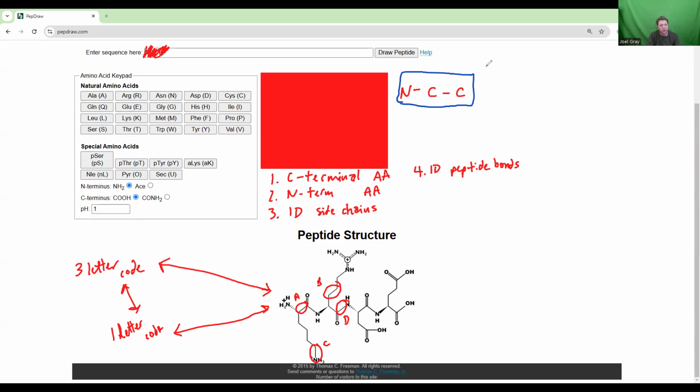I read a peptide left to right, but the opposite way that I read the alphabet, because I'm going from N to C as opposed to C to N. So here's my N. Here's my first C. Then here's my second C. Okay, is everyone good with that so far? Can I get a thumbs up, a yes, something in the chat?